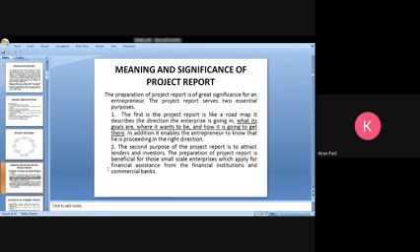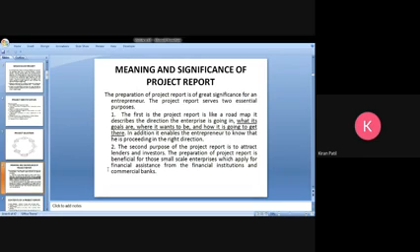So basically, a project report is nothing but a plan. You are at one position at a particular point of time, and you want to reach a certain position in the process. How do you reach that? What should be the goal for an enterprise?